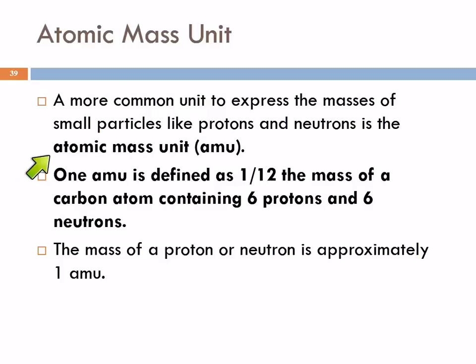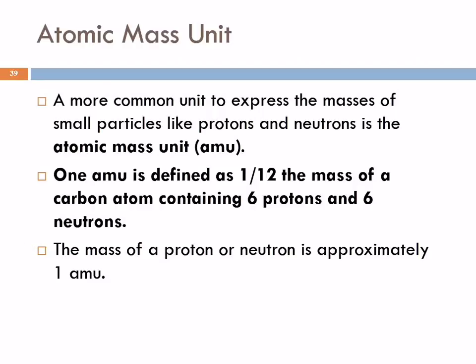This unit is called the atomic mass unit. Not a very catchy name, but it is descriptive. It's for measuring the mass of an atom. And the abbreviation is AMU, some strange relative of an emu. 1 AMU is 1/12 the mass of a carbon atom containing 6 protons and 6 neutrons.